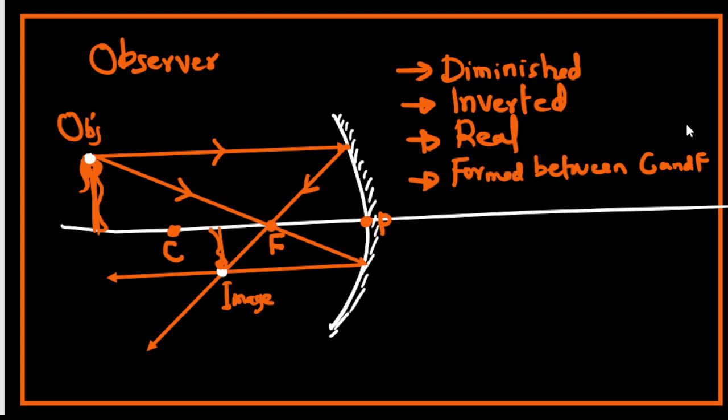Let me give you an instance. Imagine you solve the problem and let's say we have an object distance of 50 centimeters, and you end up getting an image distance of something like 60 centimeters.